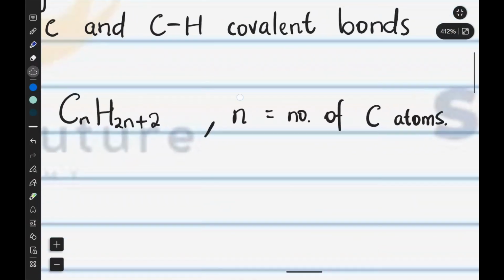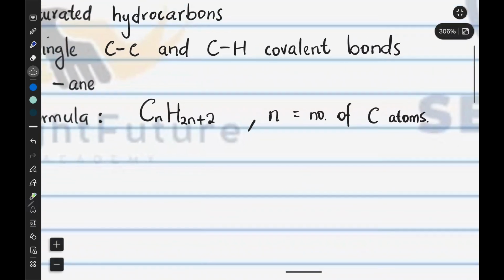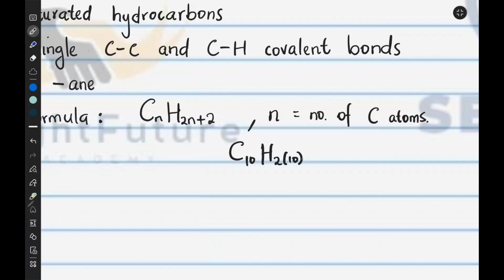Remember, we said this n represents the number of carbon atoms. So if you had, let's say, 10 carbon atoms, and you want to understand how many hydrogen atoms that specific alkane would have, you would simply plug it into this formula: 2 times 10 plus 2. 2 times 10 is 20, plus 2 is 22.